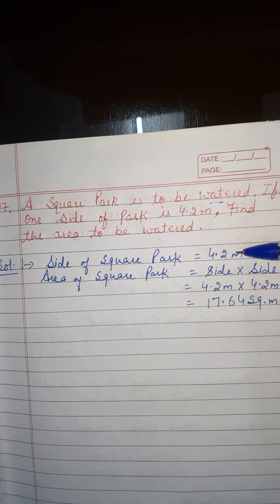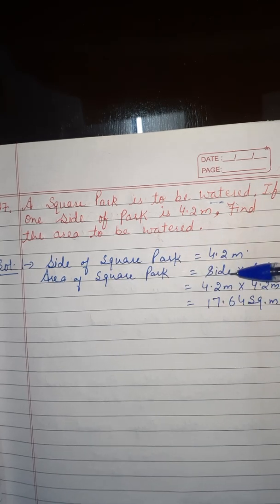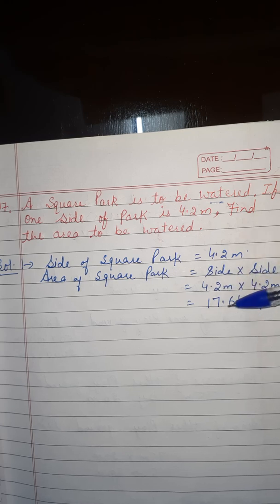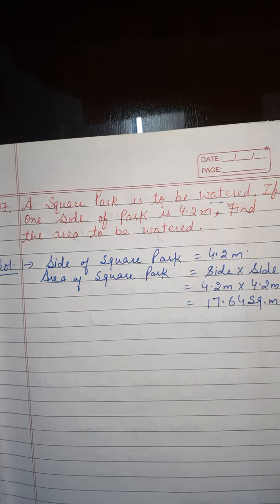Side of the square park is given as 4.2, and the area of a square is equal to side multiplied by side. So the area of the square will be 4.2 meter multiplied by 4.2, and by calculating this we get 17.64 square meter area. Thus we have to water 17.64 square meter area.